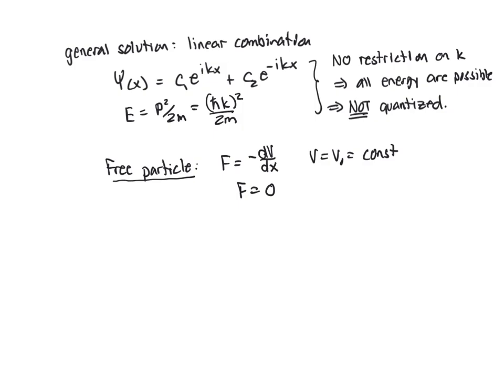It's free to go wherever it wants. So these free particles have energies that are not quantized. And so what we're going to find is that only particles that are confined or that have forces acting on them have quantized energies.